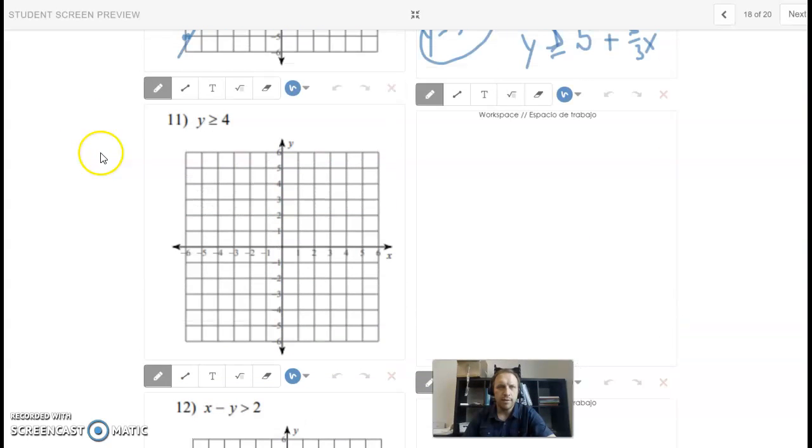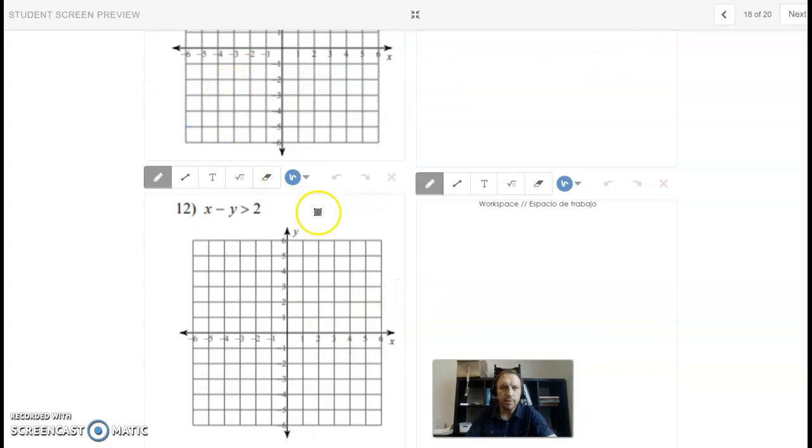Last one here quick. Y is greater than 4, so this is going to be a solid line at y is at 4. It should look like this. I want all the points greater than it. And this one down here, I can solve it pretty quickly. X minus y is greater than 2.